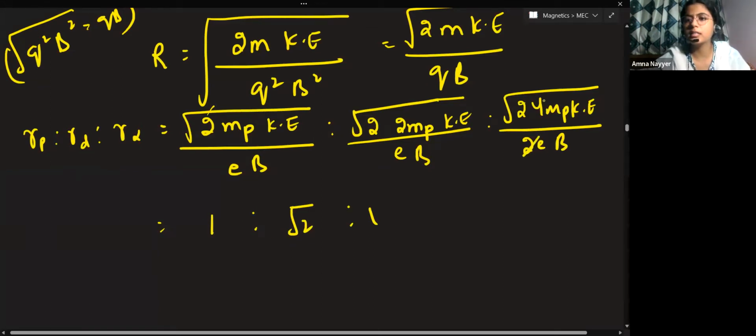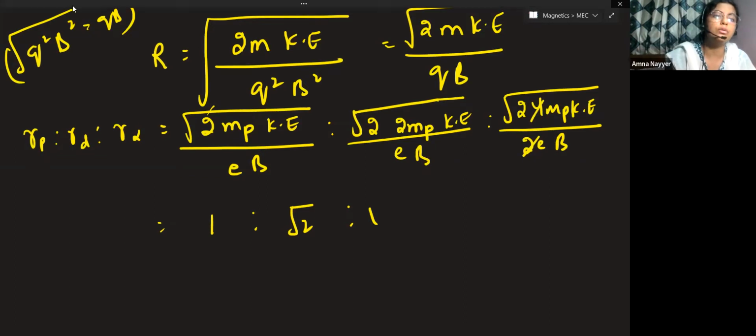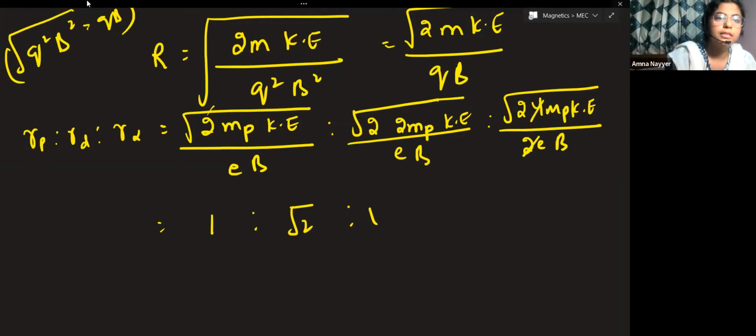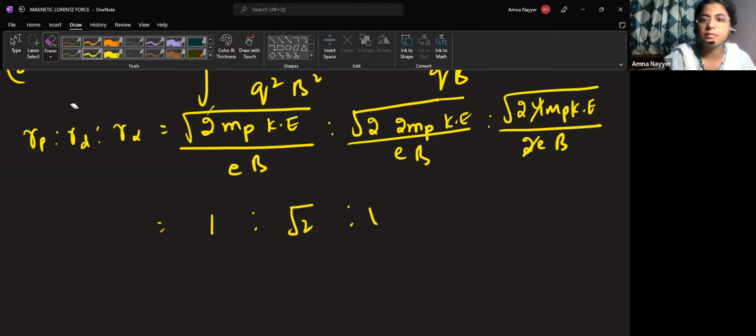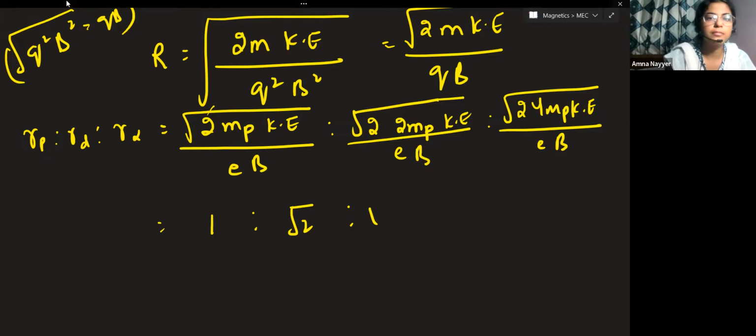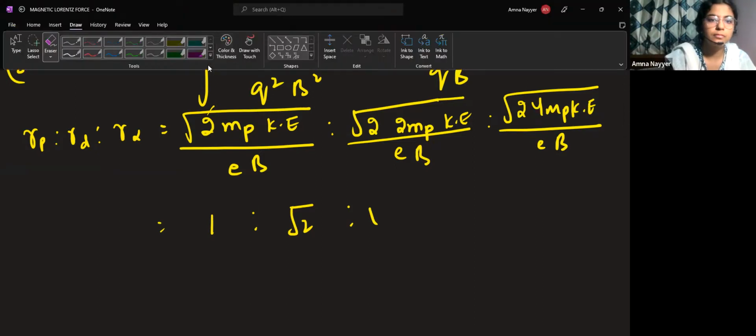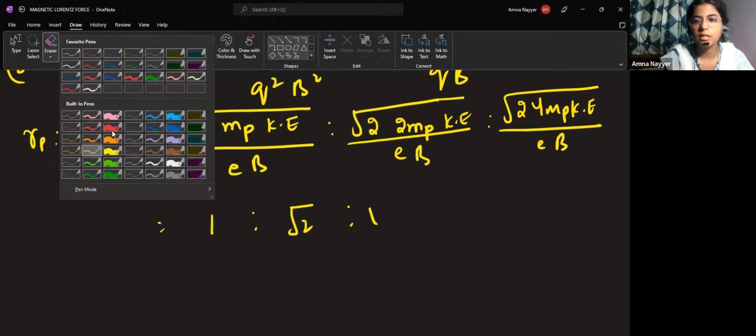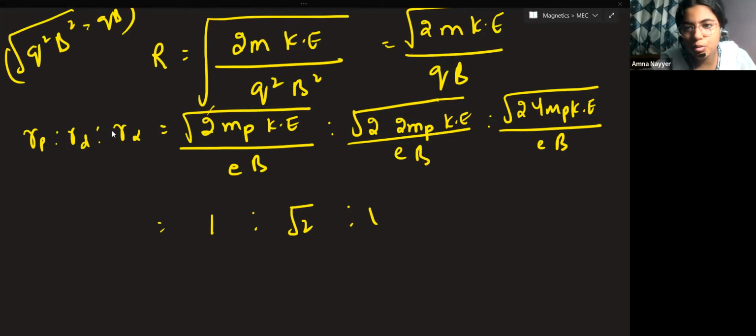So this is right till here. And from here, this becomes, okay, this was 2. This is under root 2. One is 2, 2 is 2, 4.